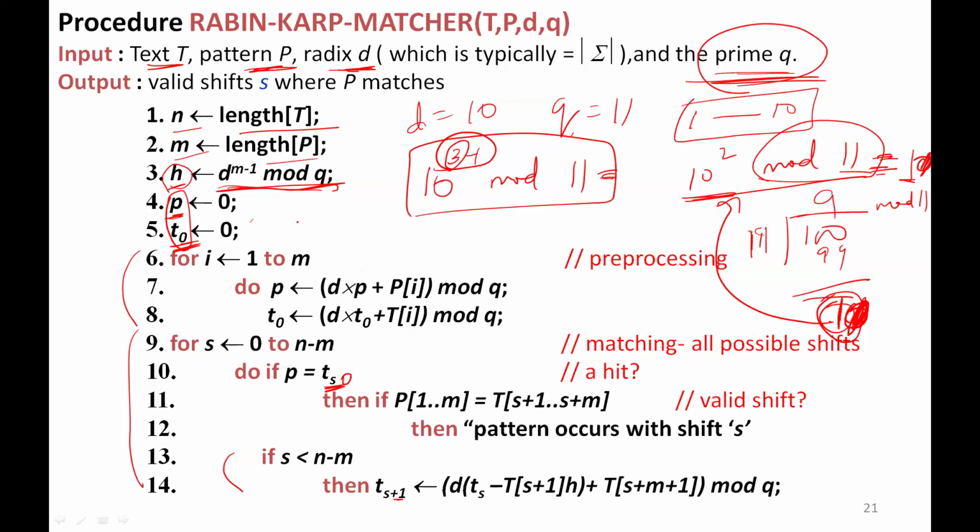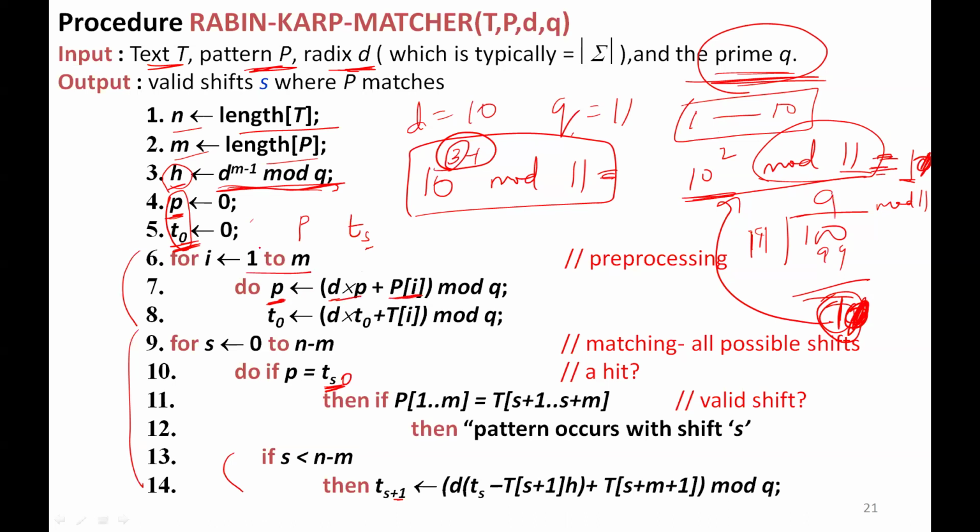Hash values of the pattern are stored in P and of the text are stored in T of S, where S varies from 0 to n minus m. Suppose I'm taking a pattern which has a length of 3. For the first 3 letters, you multiply by D, where D is the radix, plus P of I, where I varies from 1 to m.